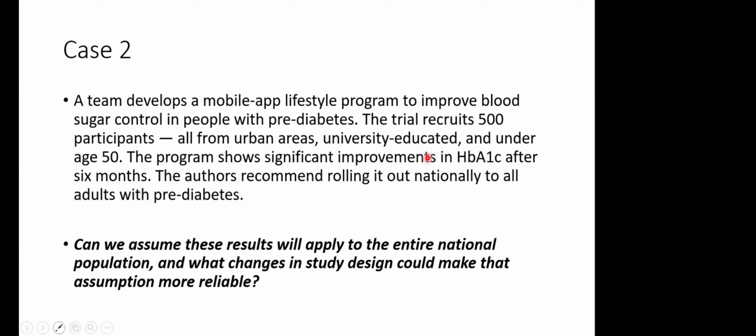The program shows significant improvements in HbA1c after 6 months. The authors recommend rolling it out nationally to all adults with prediabetes. So based on this case, can we assume that the results will apply to the entire national population? And what changes in study design could make that assumption more reliable?